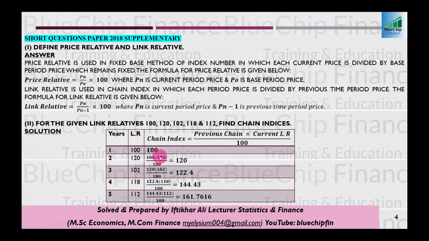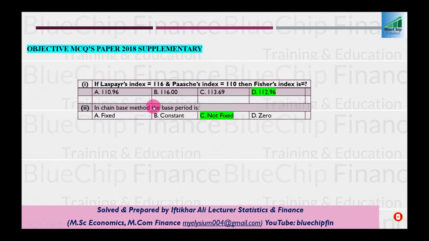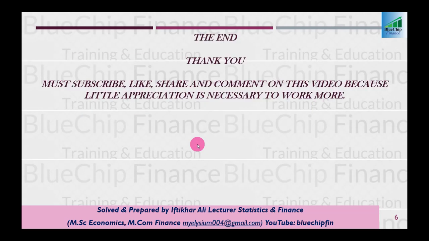Here you took 120, here you took 102, 118, 112, so you are changing. So in chain based method, the base period is not fixed, whereas in fixed base method, your base period should be fixed. So these are two MCQs of paper 2018 supplementary.